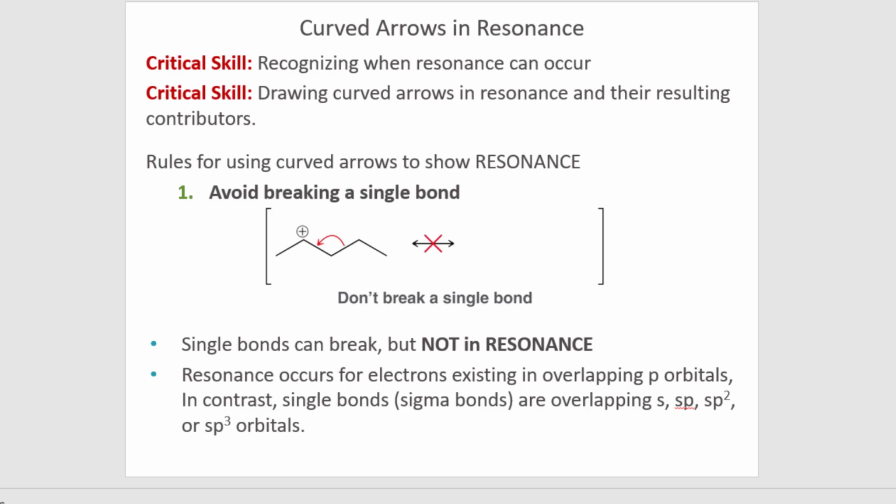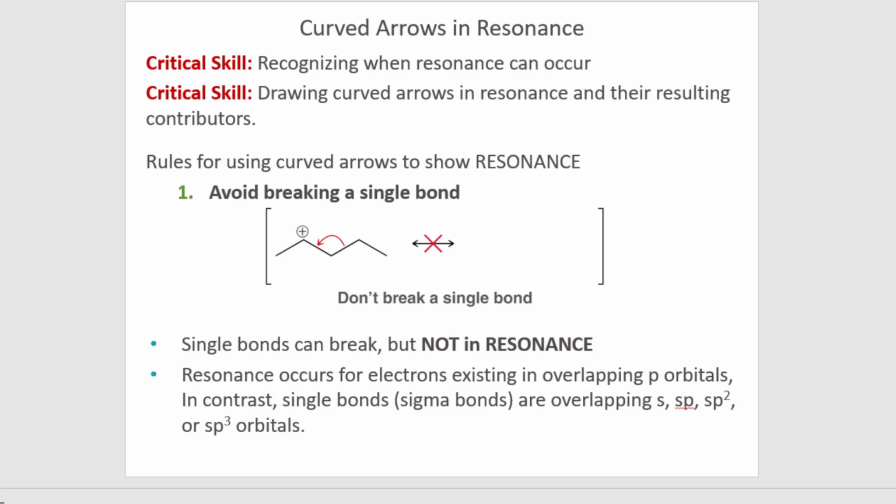Okay, so in order for us to convey resonance, we have to know how to draw curved arrows appropriately. A couple critical skills here: first, we need to recognize when resonance can occur. You have to get very good at understanding when resonance happens because, like I said, oftentimes static drawings are still used and they just expect the reader to understand resonance.